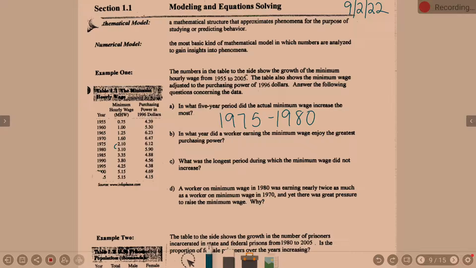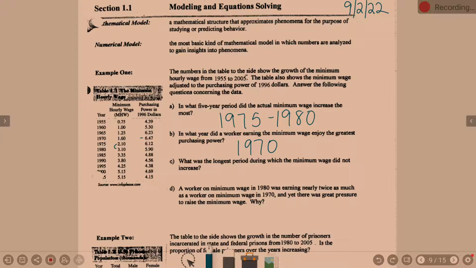Over here on the right, purchasing power in 1996 dollars. So purchasing power, you're looking at the biggest number. It's 1970. You guys are really overthinking this. Okay. Biggest number.